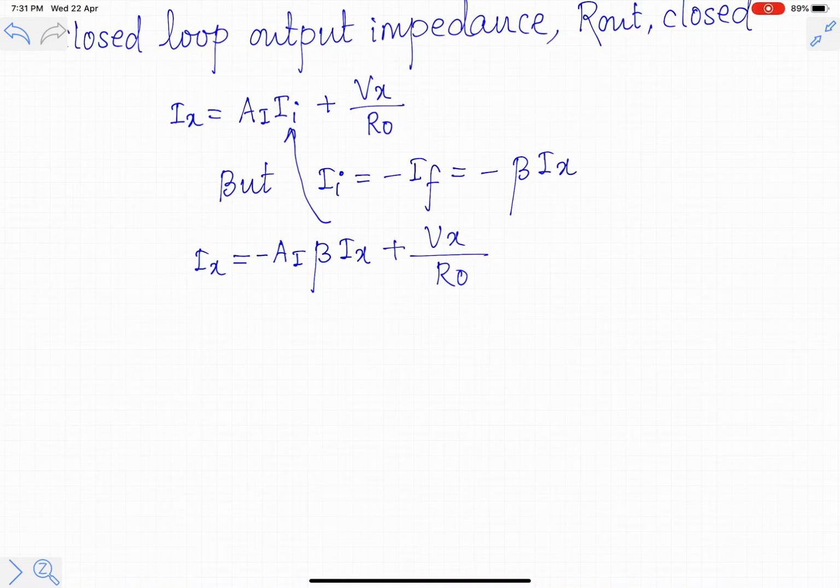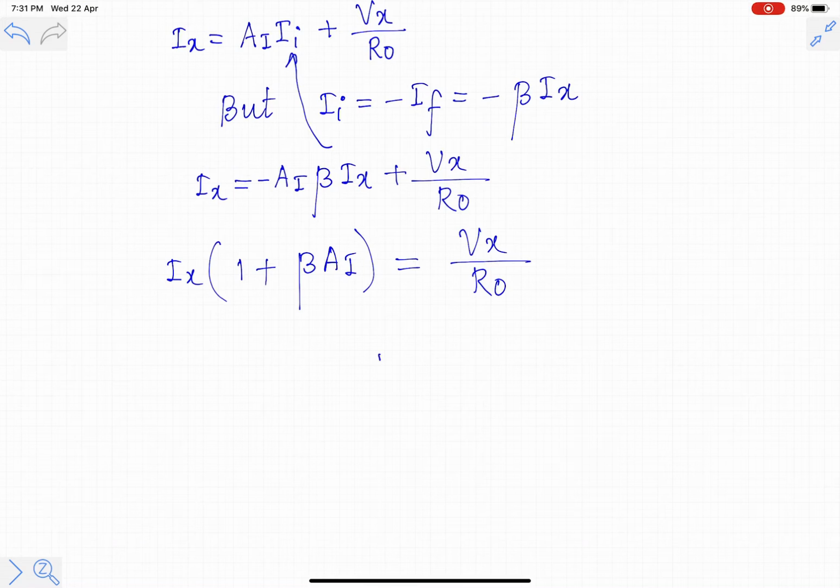Taking the Ix terms to one side, we get Ix into 1 plus beta into AI is equal to Vx divided by RO. So Vx divided by Ix is equal to 1 plus beta into AI multiplied by RO.